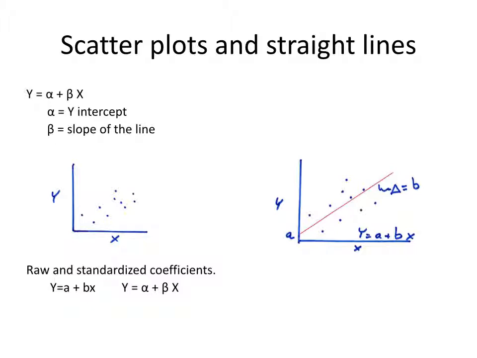On the other hand, if we look at the standardized coefficients, we could. If we standardize those income and housing price variables, then what we have is a relationship not between dollars and dollars, but between standard deviations on one variable and standard deviations on another variable.